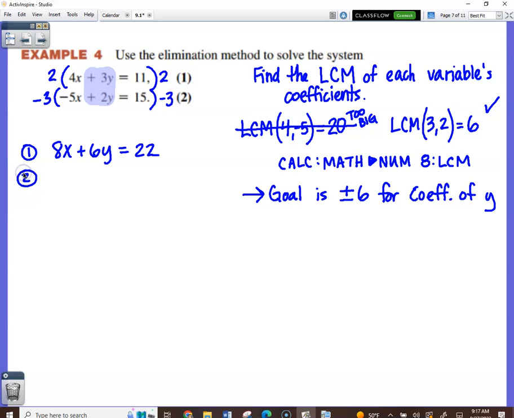Equation 2, you're multiplying everything by negative 3. Watch your signs. So the top equation, everything doubled. The bottom equation, everything tripled with a negative.